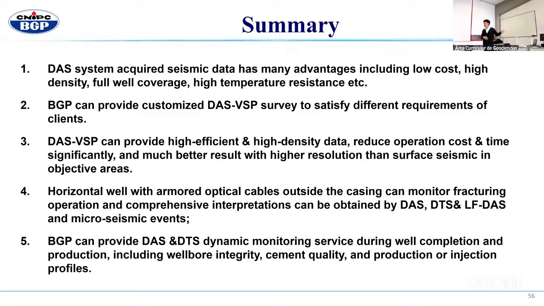If you are interested, you can search on Google. Rayleigh backscattering is the DAS principle, and Brillouin backscattering is the DSS principle. DSS is also called that because Brillouin backscattering is affected by temperature change and strain as well. So this is what we don't want, so we are using DAS.